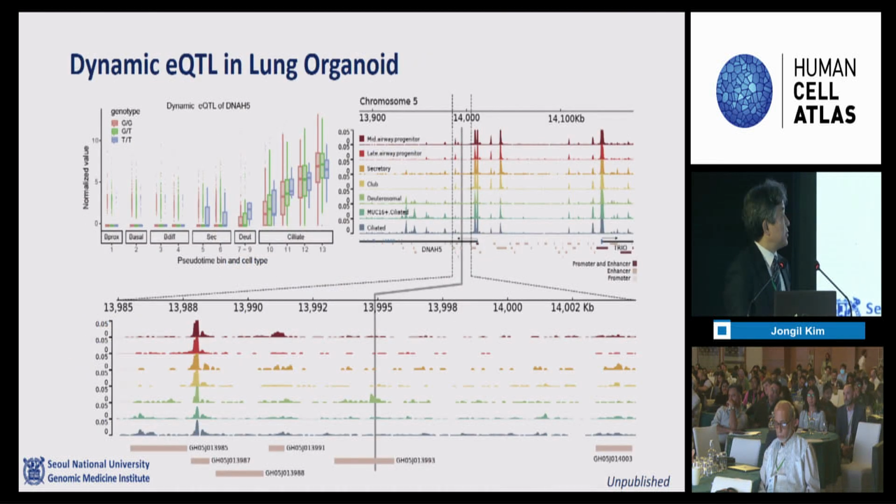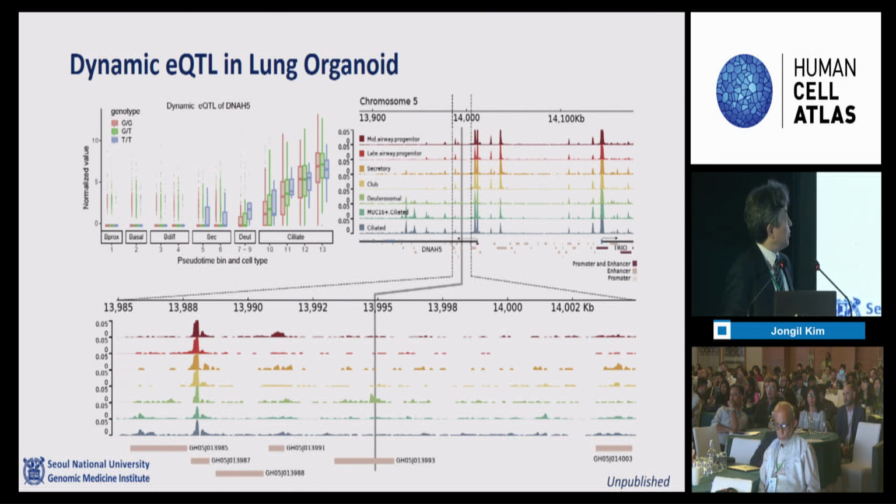Another example is the dynamic eQTL. Dynamic eQTL is an eQTL found in the differentiation steps. As you can see, when the cells differentiate from basal cells to ciliated cells, only in deuterosomal cells do these SNPs have a significant eQTL.